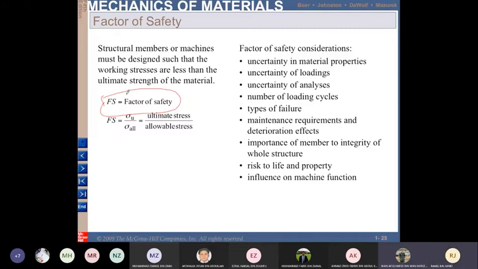For example, you have a lift. You go to a shopping mall. This lift says that the maximum number of people who can go inside the lift at one time is only 10 people.